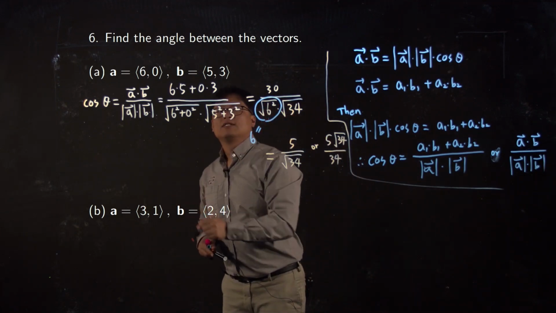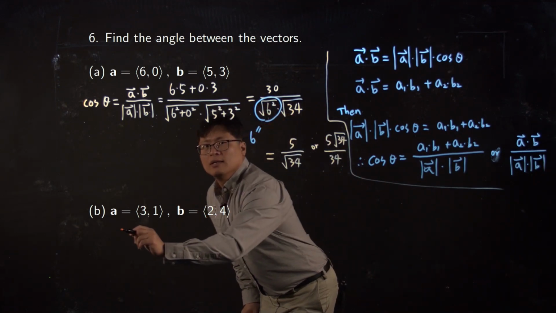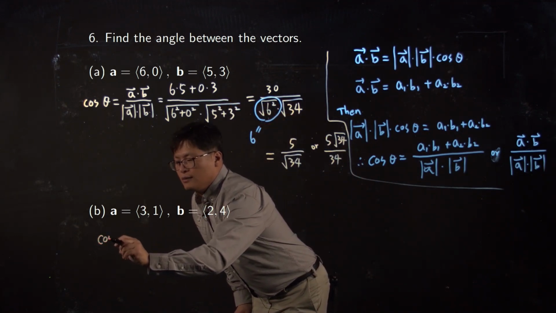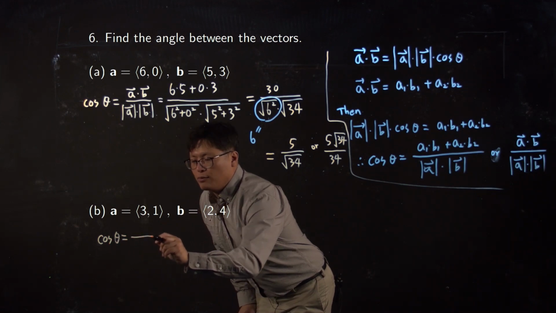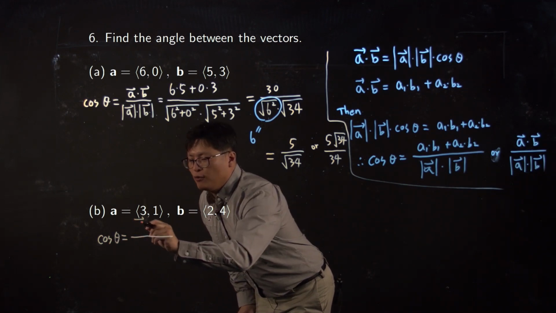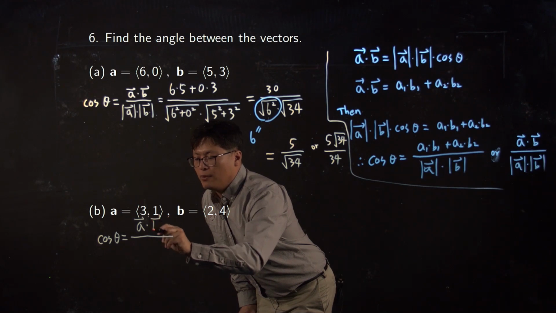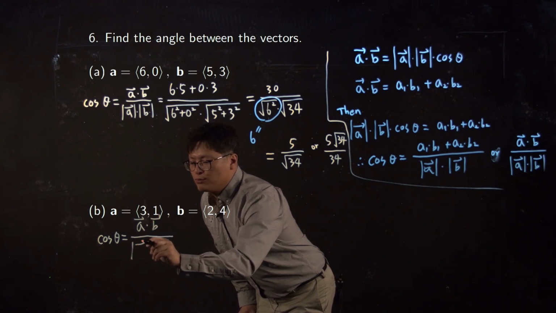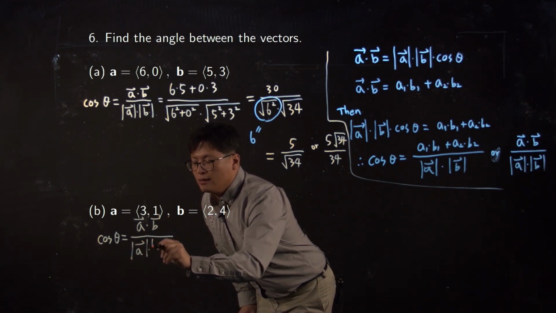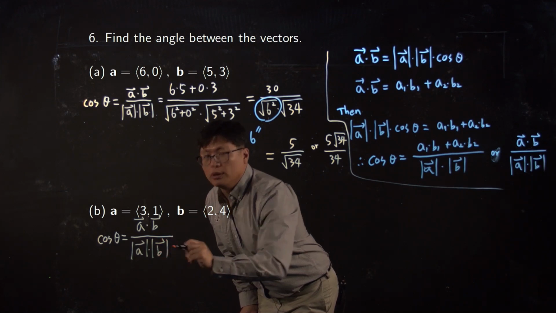Look at that. Same thing, okay? Cosine theta is equal to, again, you have to memorize this, because not only for this chapter, but also for later purposes, you have to remember this. Finding the angle between two vectors is really important and useful.